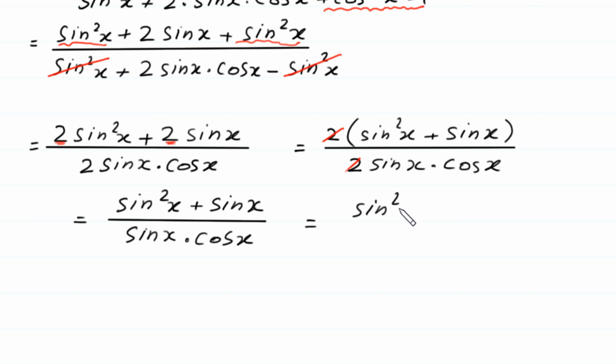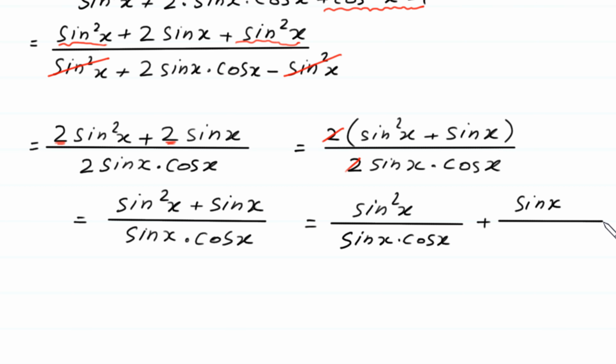Sine square x divided by sine of x times cos of x plus this sine of x divided by sine of x times cos of x.